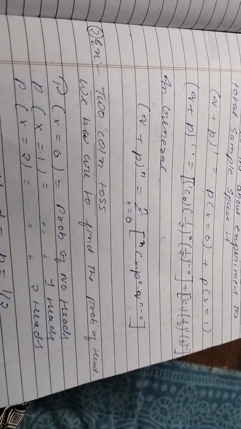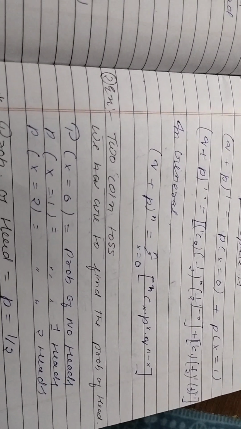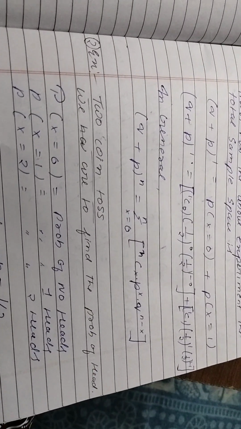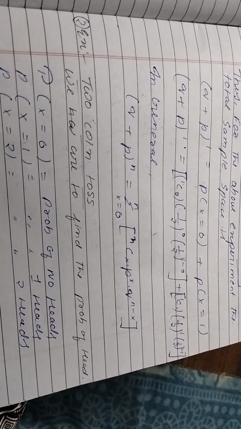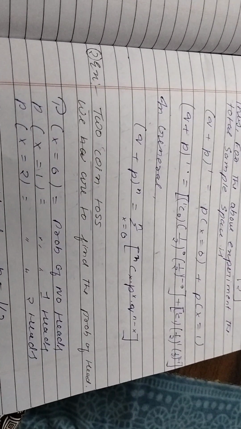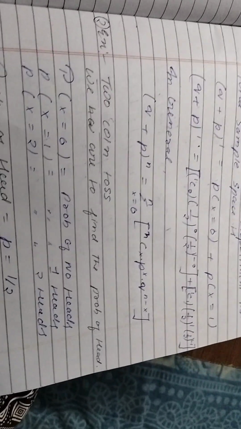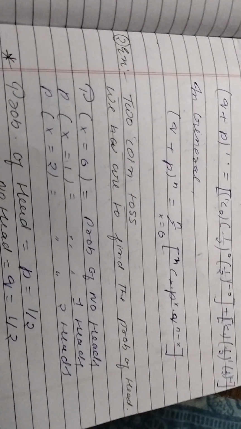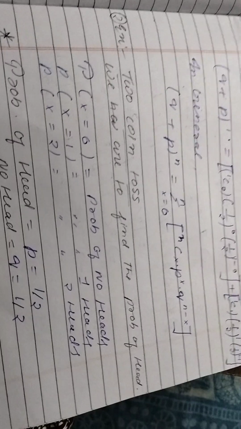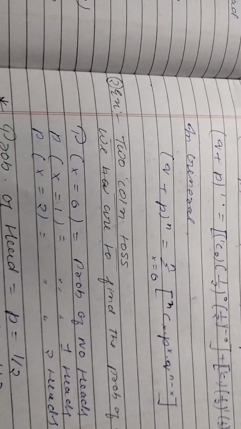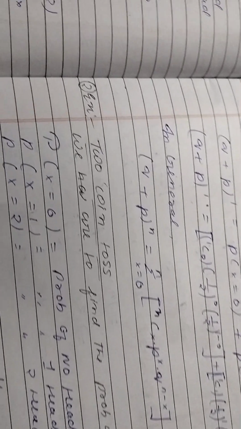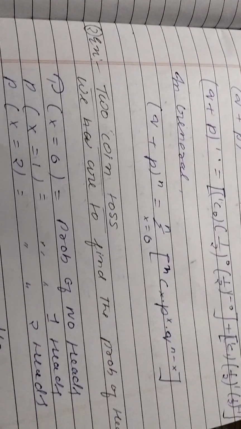Then put in all the formulas, and you can also take the step further and keep all the variables as they are. In general you can write (q plus p) to the power n. So in place of 1, you simply put n.